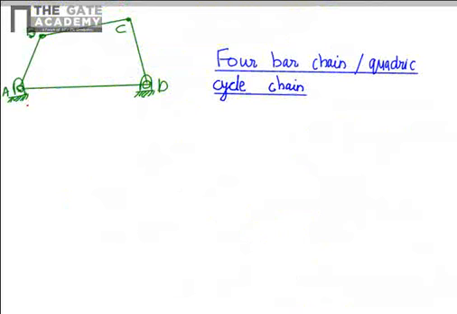The 4-bar chain is shown here on the left hand side by means of a sketch. It consists of 4 binary links and 4 revolute or rotary pairs.